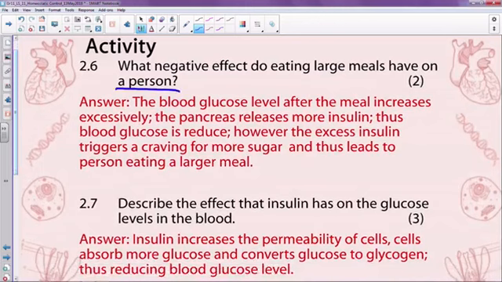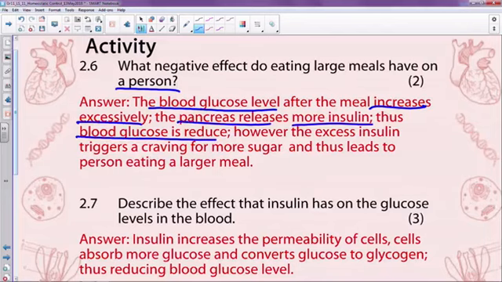We know that when you have a large meal, it means that you're introducing large amounts of glucose and starch to your body, and that will cause the blood sugar levels to increase. This means that it becomes excessively high. The pancreas will then have to release more insulin, and thus the blood sugar level is reduced. However, the excess insulin triggers a craving for more sugar.